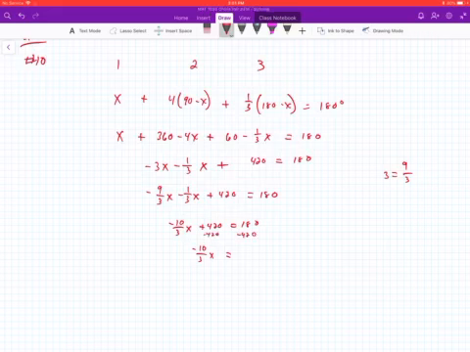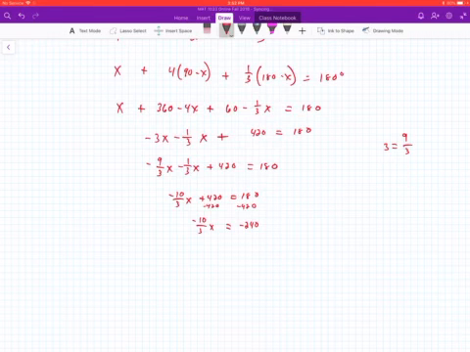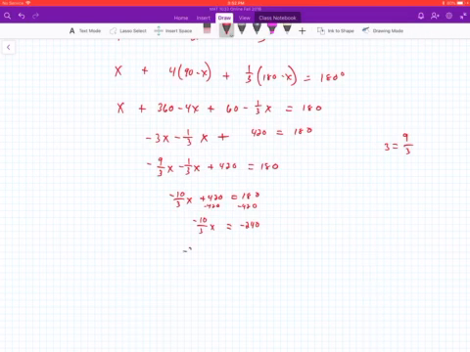We get negative 240. Since we have a fraction as our coefficient, the best way to get rid of that is to multiply by the reciprocal. So it's negative 240 times negative 3 over 10.